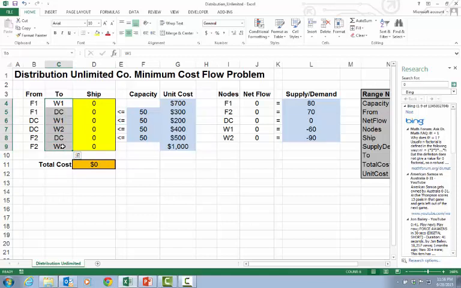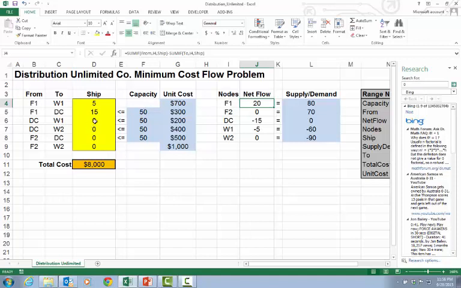So it turns out there's not going to be anything to sum in that case, and it'll just be a value of 0. So this will then represent, for example, if in fact we send 5 units from factory 1 along the rail line to warehouse 1, and we send 15 units, say, from factory 1 by truck to the distribution center, you'll notice now our net flow has gotten up to 20 out of factory 1.